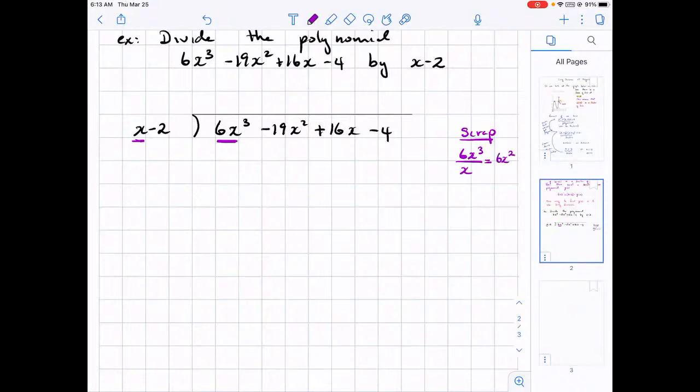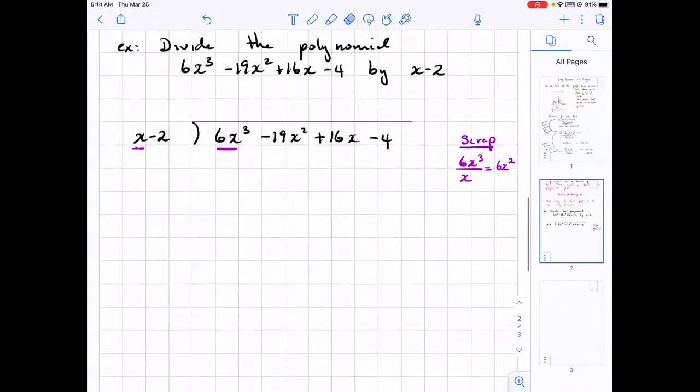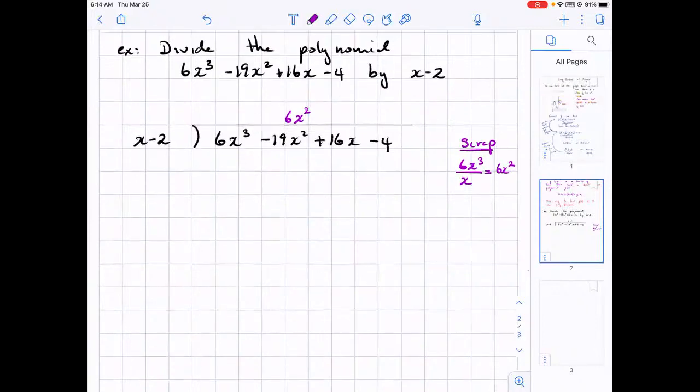I will write that 6x squared above the x squared term, above the 19x squared.